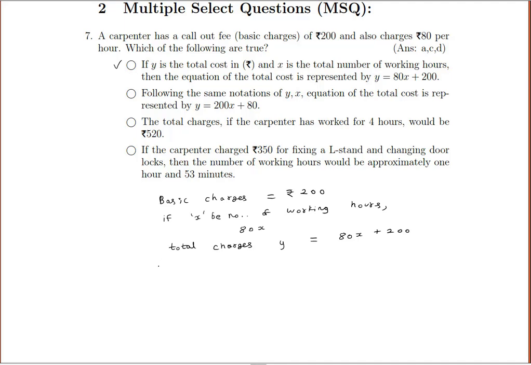So if x equal to 4 hours, we find y, which is 80 into 4 plus 200, which is 320 plus 200, which is rupees 520. So option C is also correct.